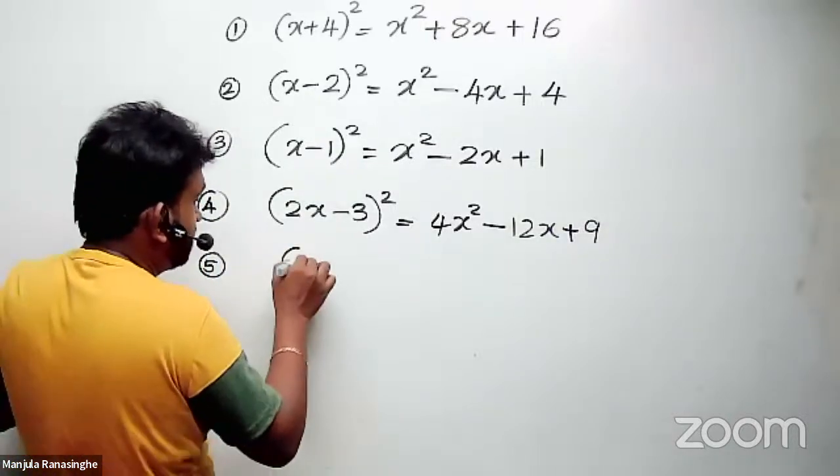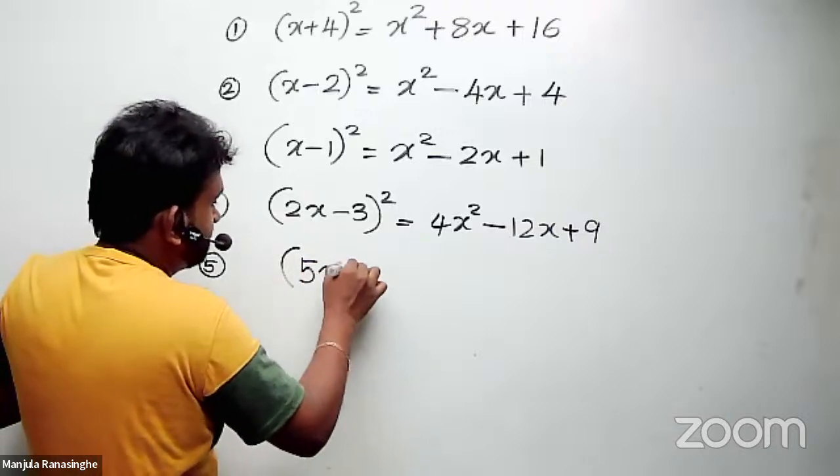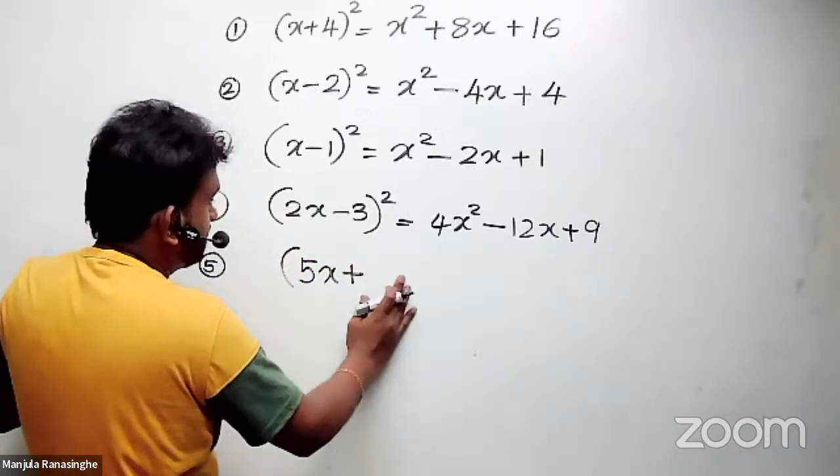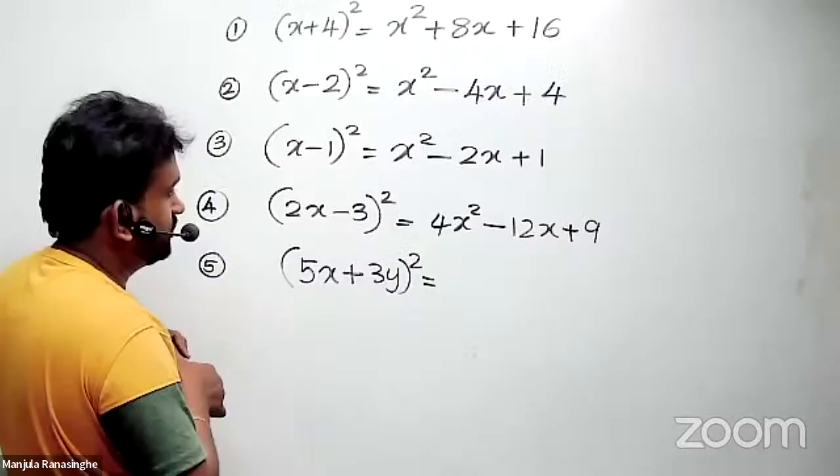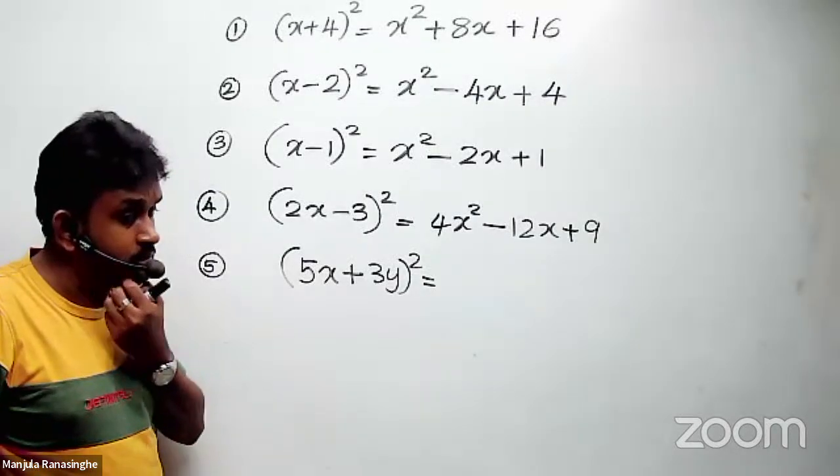Fifth one, here 5x plus 3y squared. Sir, when we multiply, they are minus 12x, 3 multiply minus 3 multiply by plus 2x, it's minus 6x. Then shouldn't we multiply it by the square, isn't it x square? I didn't get your question.